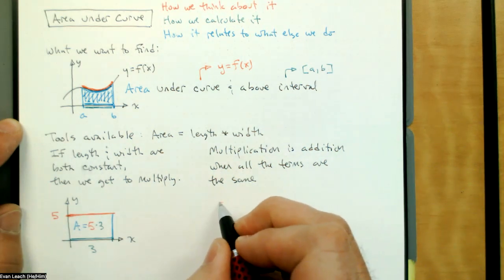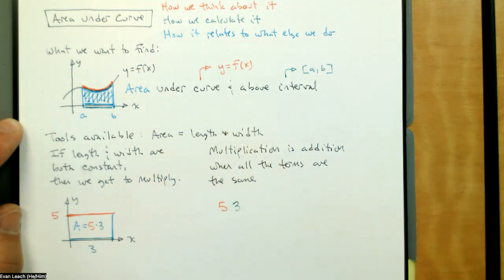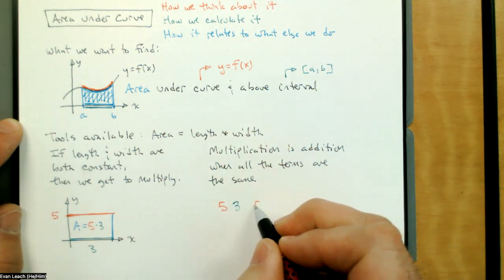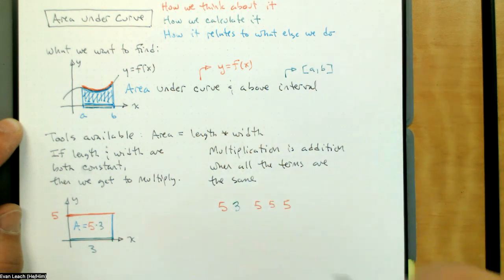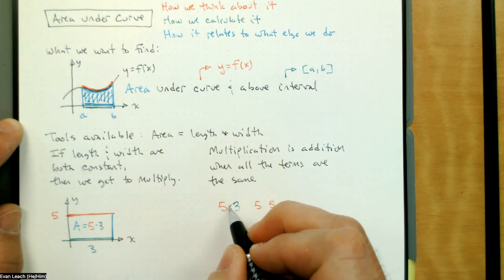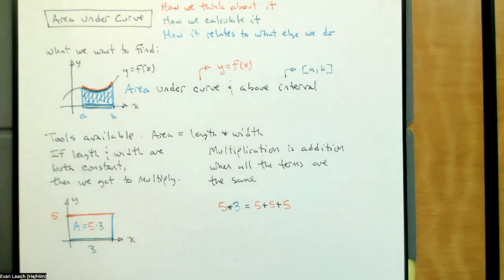So when I write 5 times 3, I mean 5 plus 5 plus 5. I mean 3 5s. Since all the terms, the 3 5s, are all the same, I get to summarize by saying 3 times 5. The times table is like a big list of shortcuts that we have to remember.